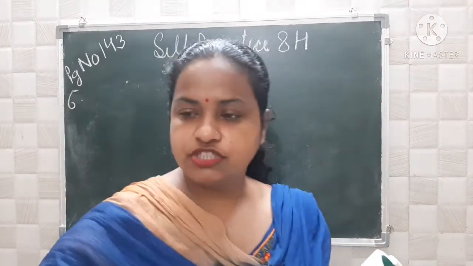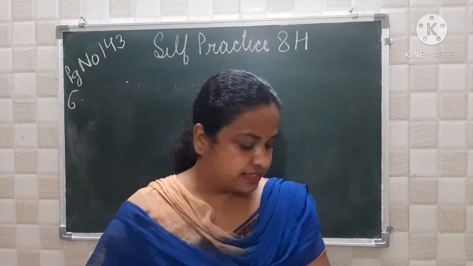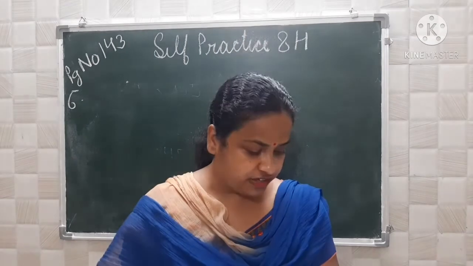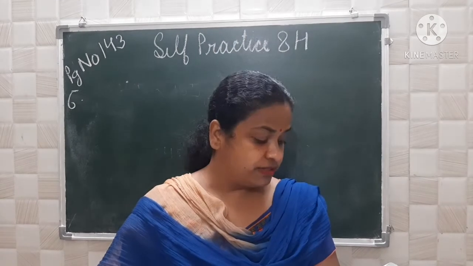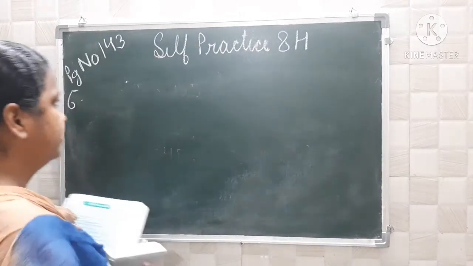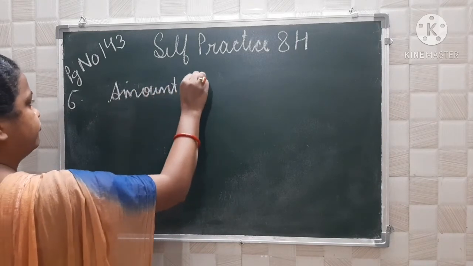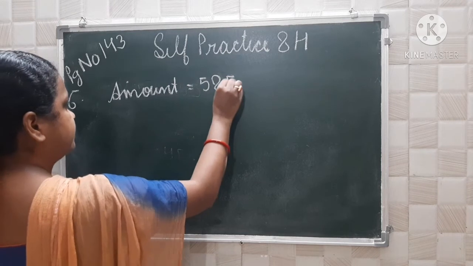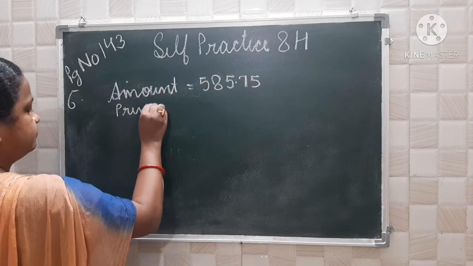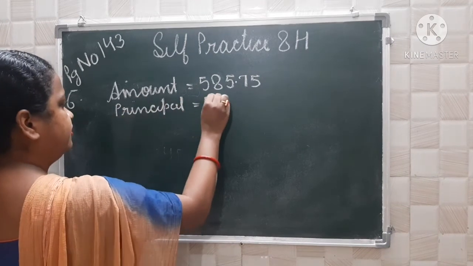What is there in question number 6? After 2 years, the credit balance in a saving account earning simple interest was 585.75. The original amount was rupees 550. What is the interest rate? So here amount is how much? 585.75 and principal is equal to 550.